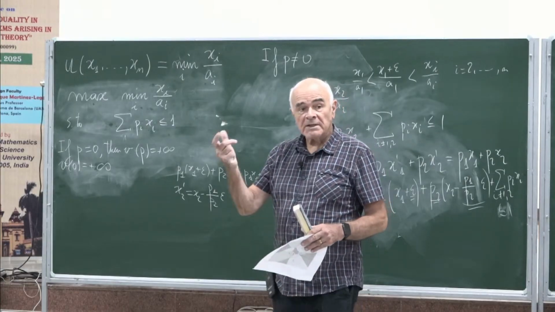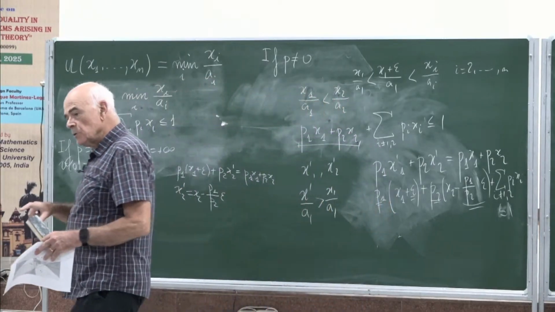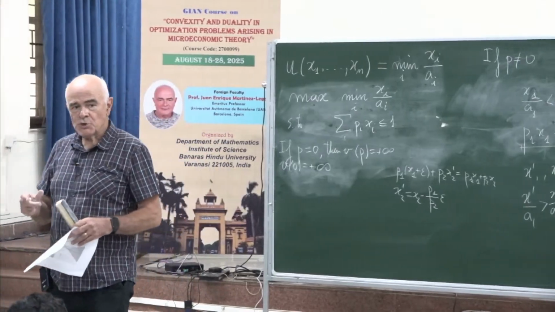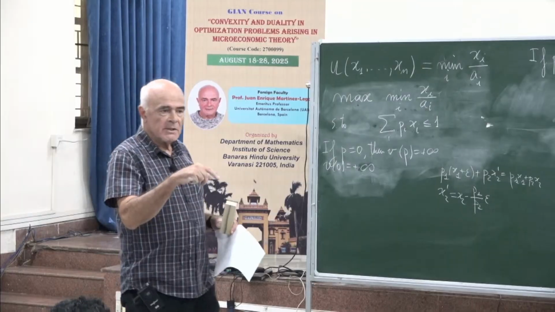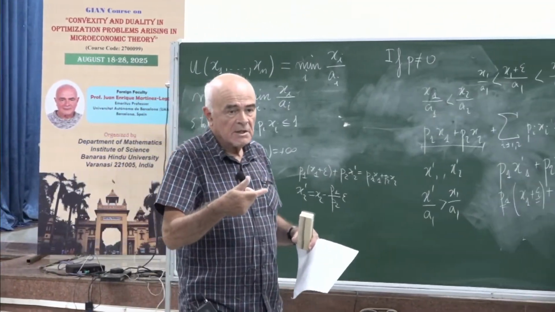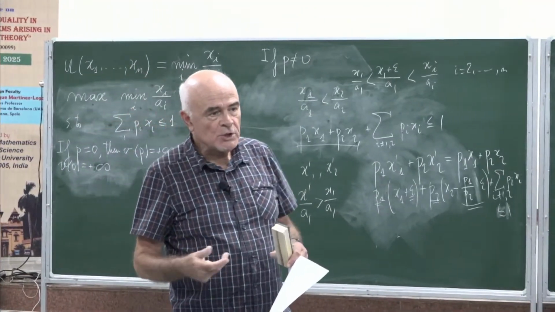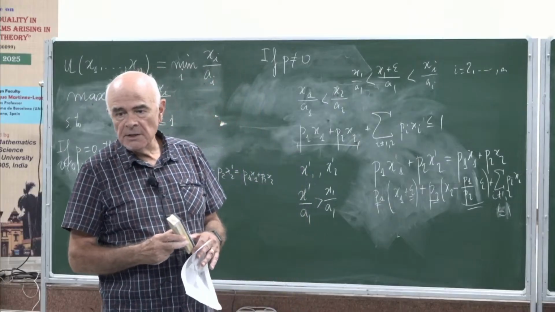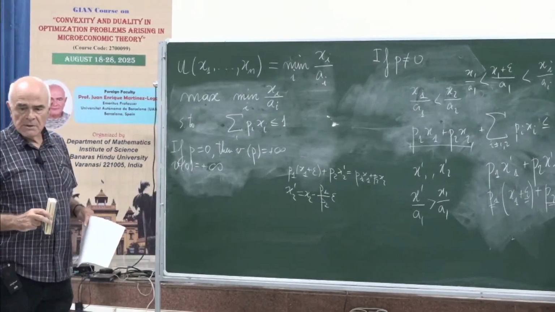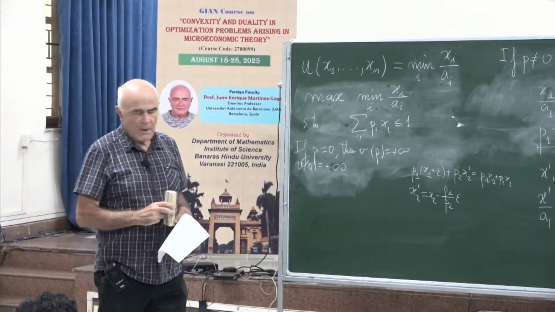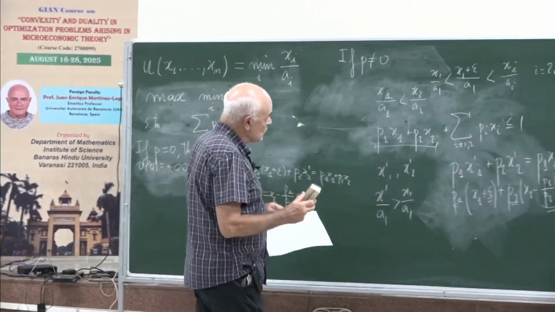So the bound that this imposes on the amount of food that you can produce should be the same for all the ingredients. If for some ingredient it is larger, then this means you have a useless amount of that ingredient. That's the idea. So I don't know if this argument was clear enough, but let us hope it was.